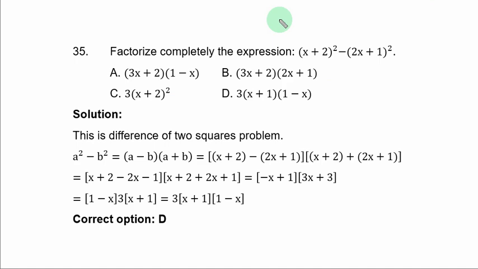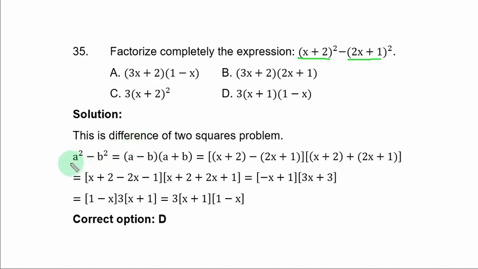Question 35. Factorize completely the expression (s plus 2) all squared minus (2s plus 1) all squared. You simply see this as difference of two squares.